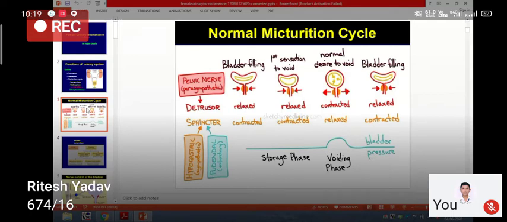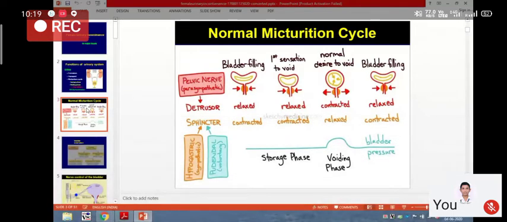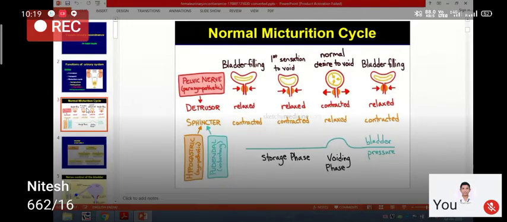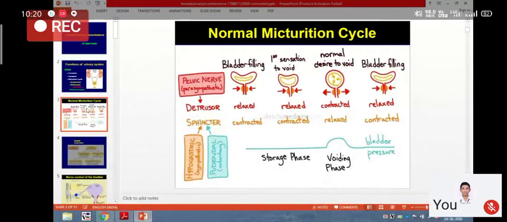This causes the sphincter contraction or the relaxation of the detrusor muscle. Whenever the bladder is being filled, the intraurethral pressure is increased and the sphincters are contracted while the detrusor muscle is relaxed.